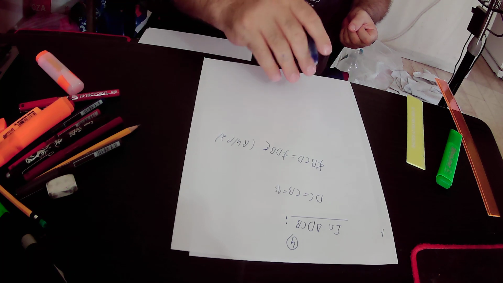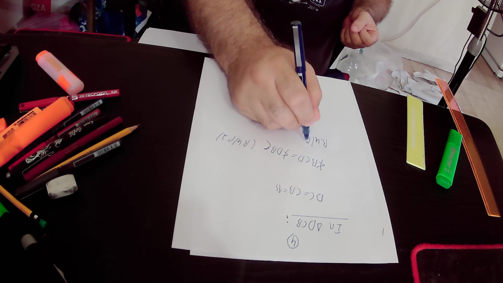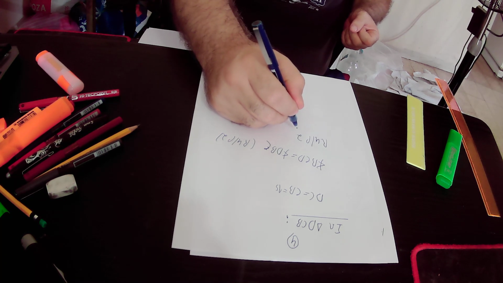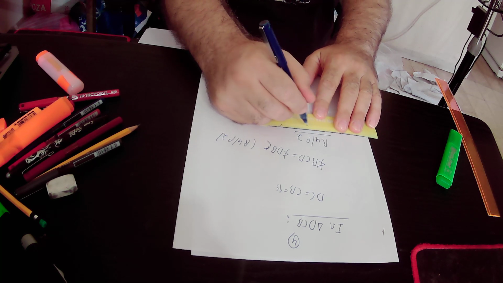Rule 2 states that in front of equal sides in the triangle there are equal angles.